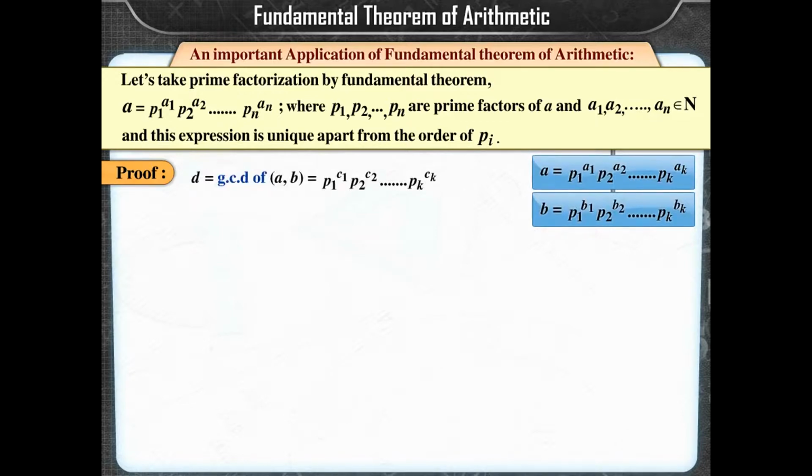D, the GCD of A and B, is equal to p1^c1 × p2^c2 up to pk^ck.